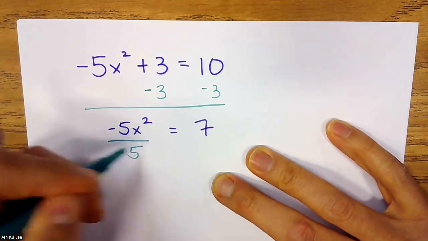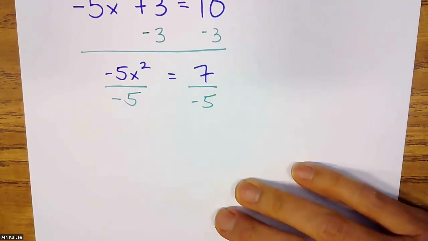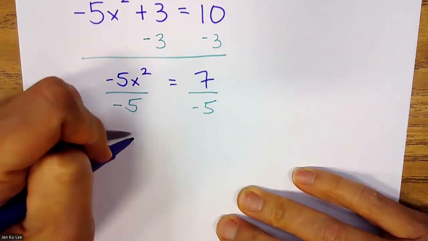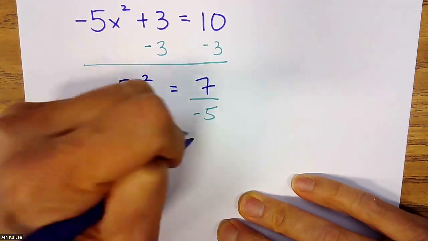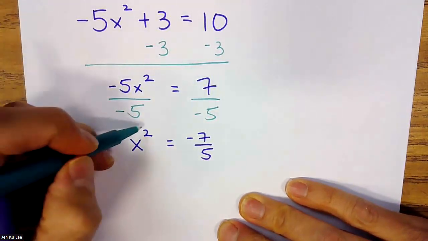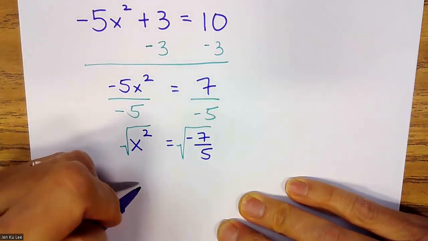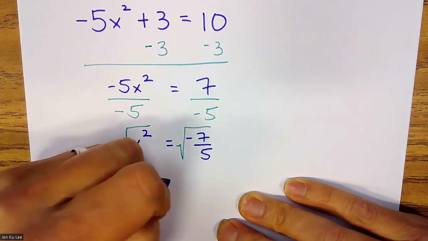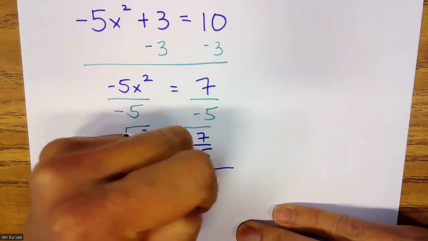Divide by negative 5, divide by negative 5. So we're left with x squared equals negative 7 over 5. Square root, square root. So x is going to equal plus or minus square root of negative 7 over 5.